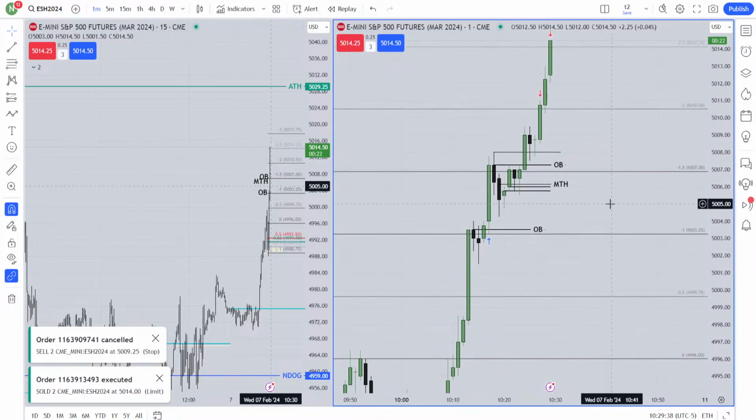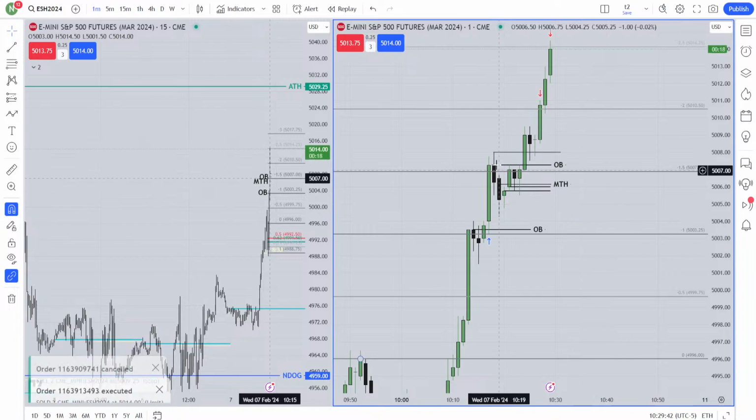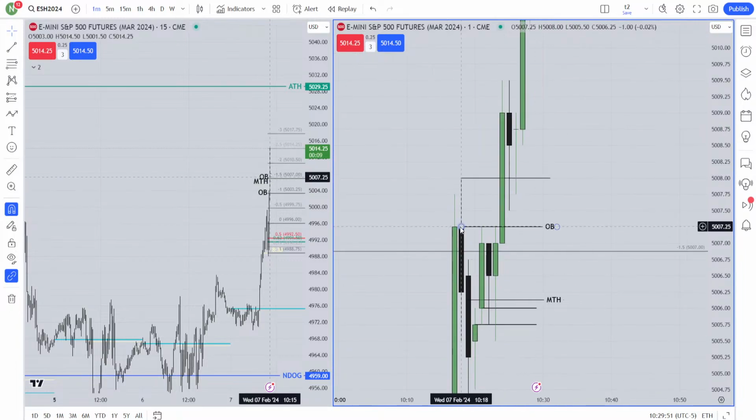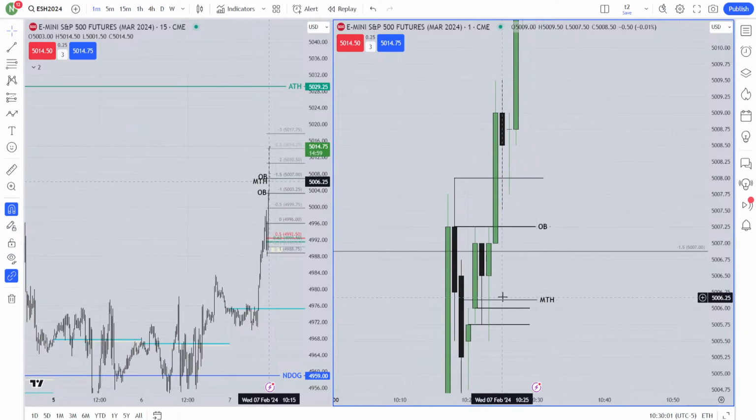So what was your question? Okay, the thing is, water block is not a level. Water block is a zone. So from opening to close, from here to here, this is a zone which has the power to stop price and send it higher until the mean threshold.